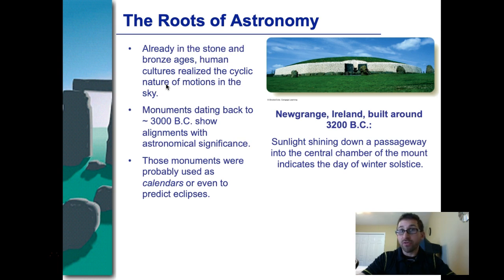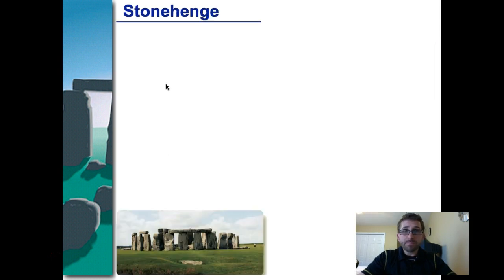I would reference you to the caves of Lascaux, which I don't have in my presentation today, which go back way further, thousands and thousands of years before this structure was made. We have evidence that people in France at that time were choosing caves that had very significant astronomical influences as well. So people have been watching the sky for thousands of years.